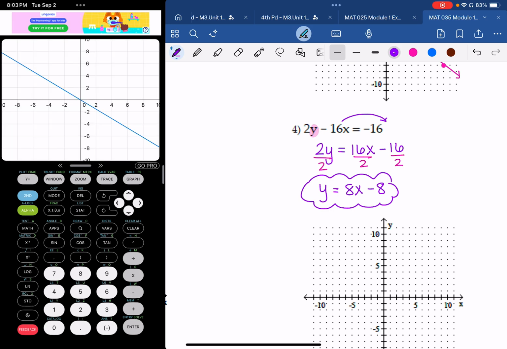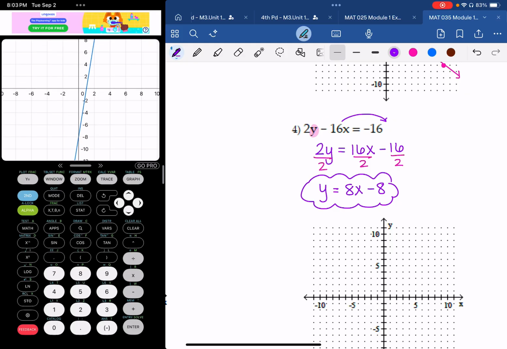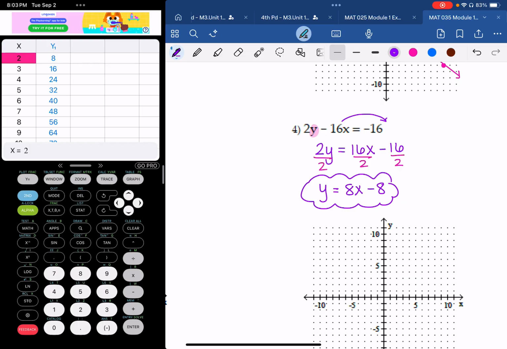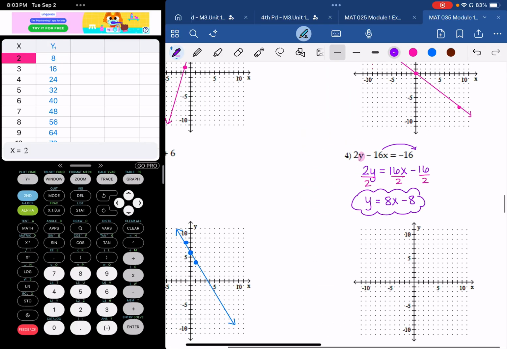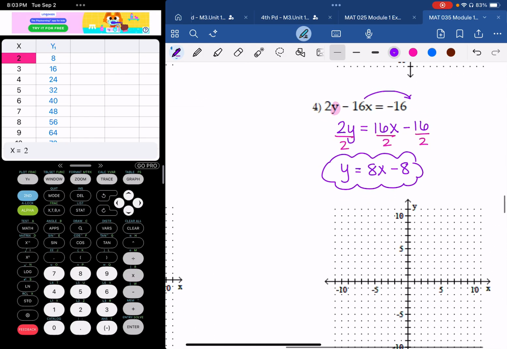I'm going to hit graph. I can look at my calculator and I can see, okay, yep, it goes through negative 8. It's got a positive slope. I can go to my table and I can look for my values. This one doesn't give me a table. So what that means is I can pick the values I want. Okay, I can make my own table.